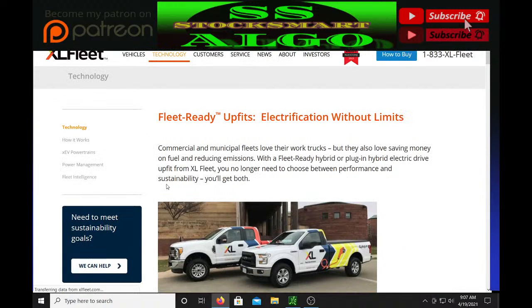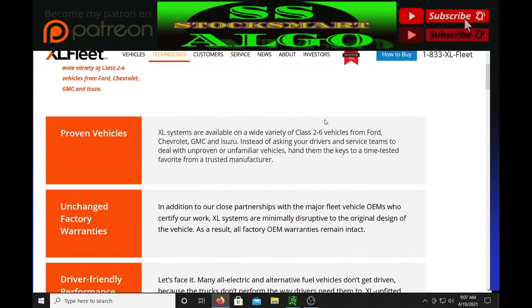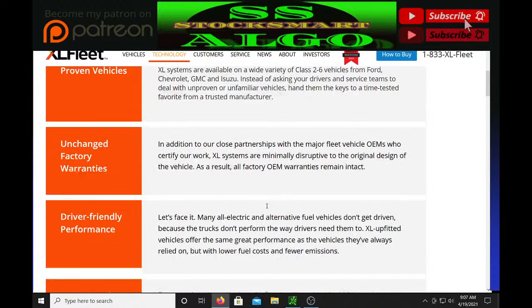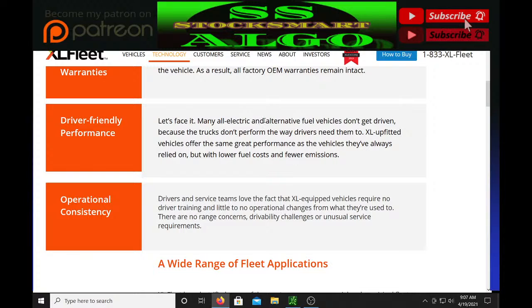Municipal fleets love their work trucks, but they also save money on fuel, with reductions on the fleet of a hybrid and plug-in electric driver. When you choose from sustainability, you'll get both. System-wide variety of class 2 to 4. Additionally, partnerships and OEM warranties remain intact. That's very nice.